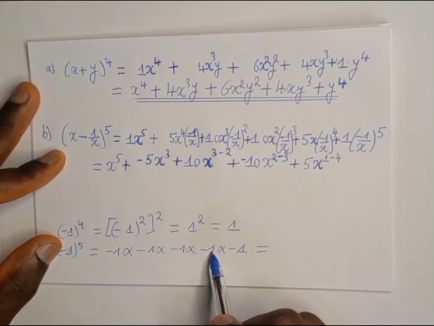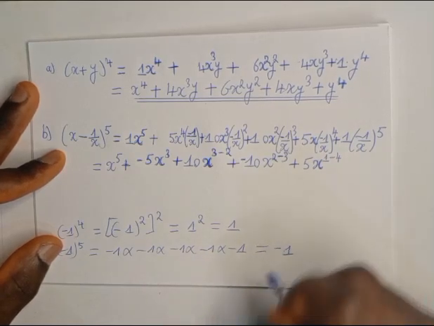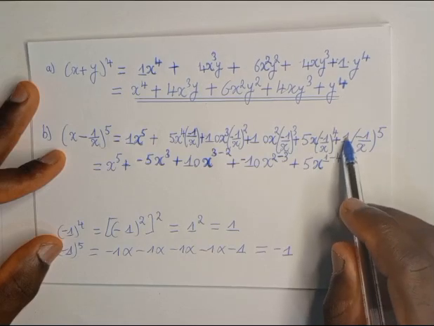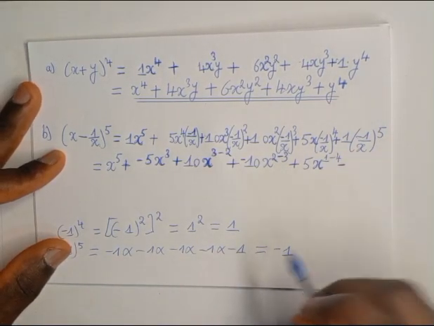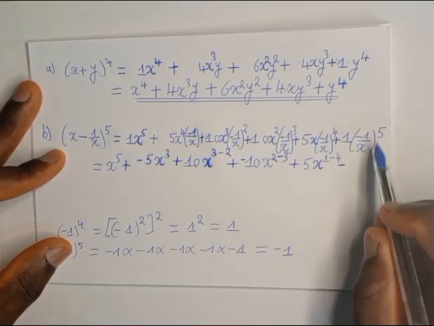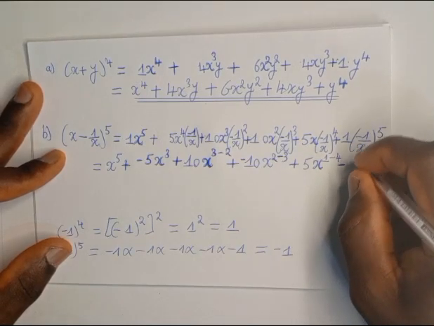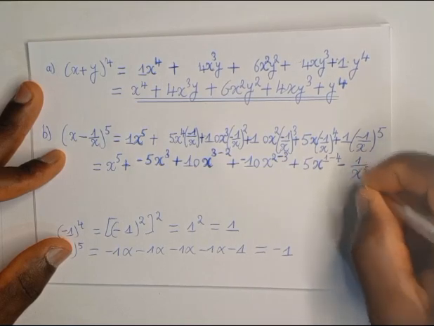Negative 1 times negative 1 gives us 1. 1 times negative 1 gives negative 1. Here we have negative 1 times 1 is negative 1. At the denominator, we have x raised to the power 5. This will give us 1 over x to the power 5 as such.